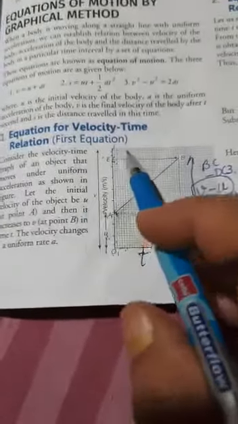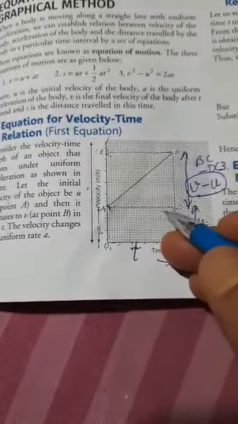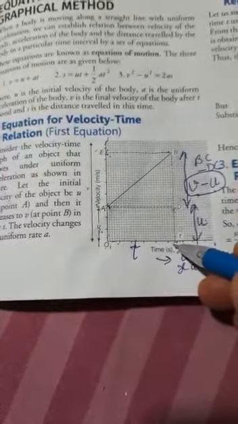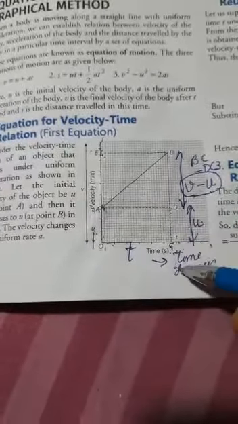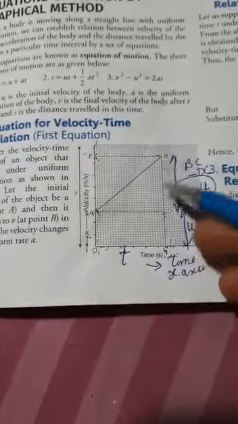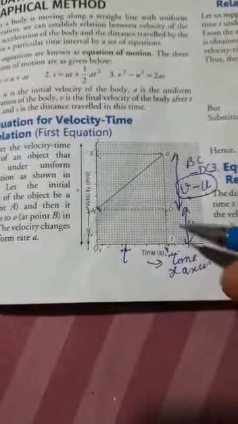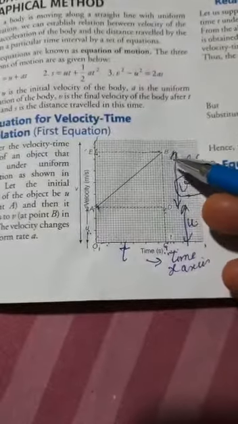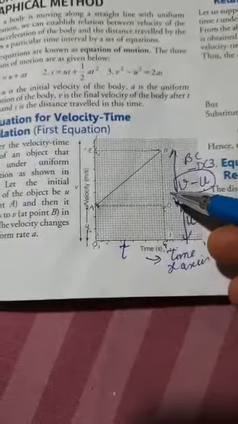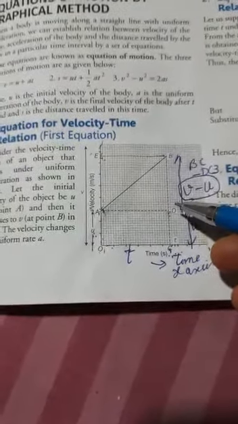Now we are to find the velocity time relationship. From this graph we observe BC is equal to BD plus DC. BC is given to be equal to v. Then BD will be equal to v minus u. We have done this.